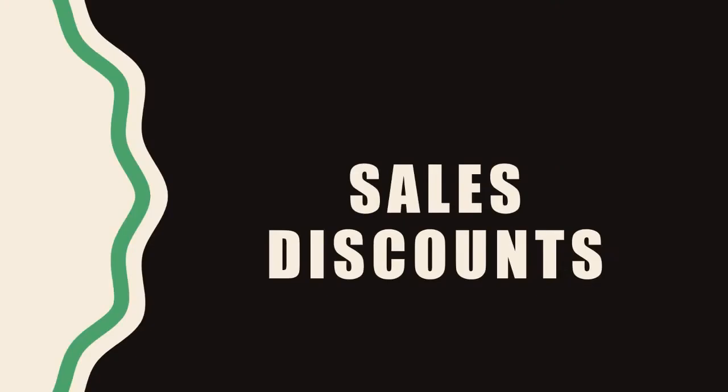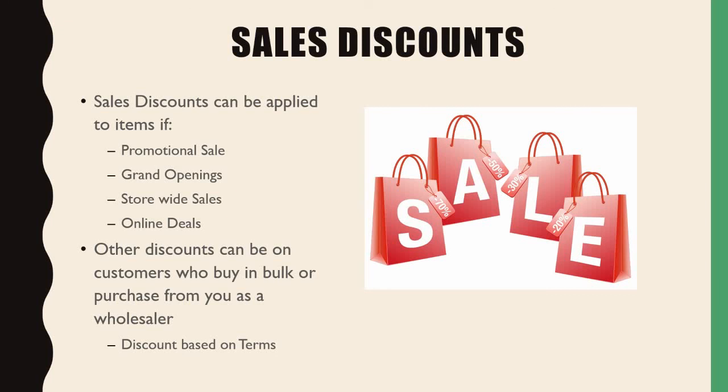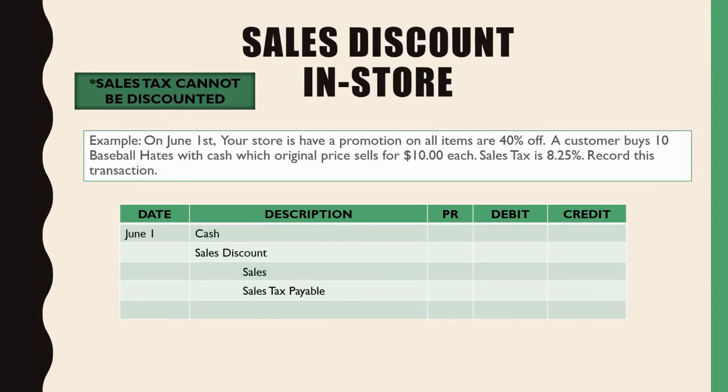And of course, we talked about sales discounts. There are two different sales discounts. One is an overall sales discount: if we do an in-store discount, we apply it overall to the entire amount of items.